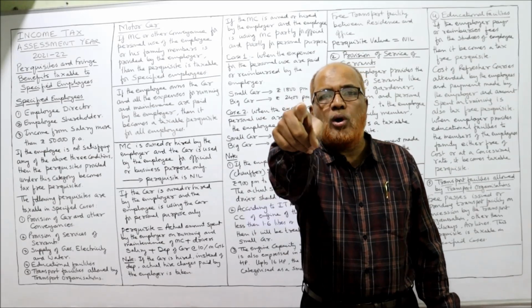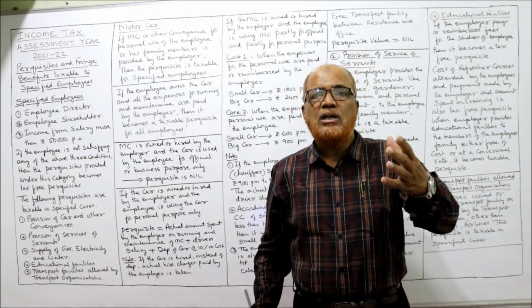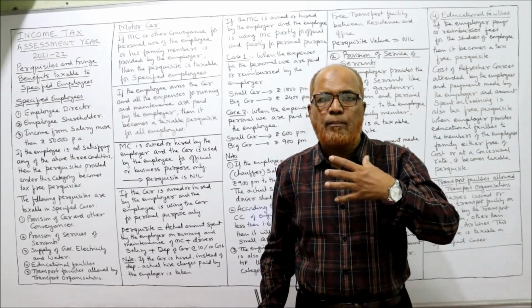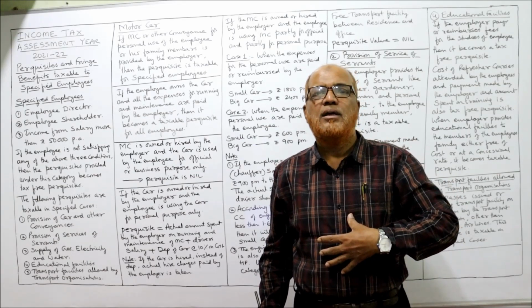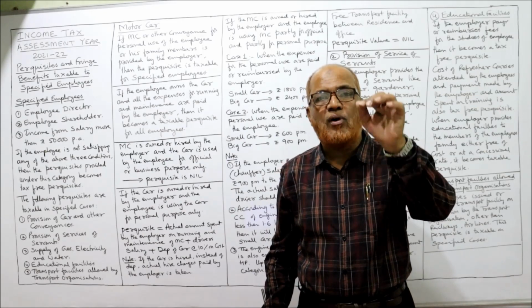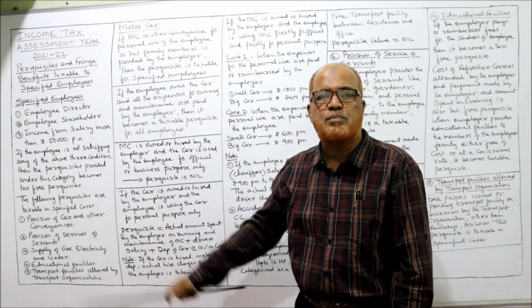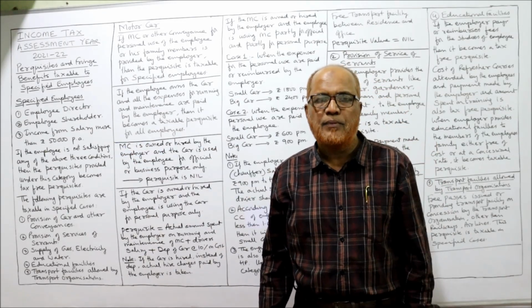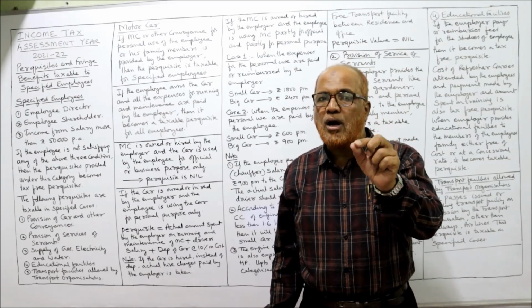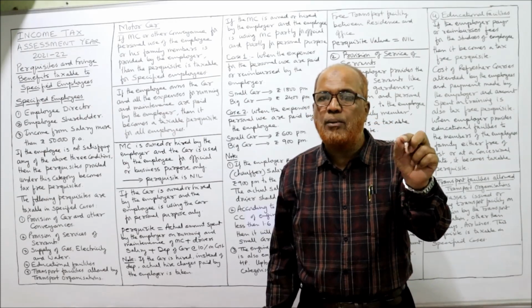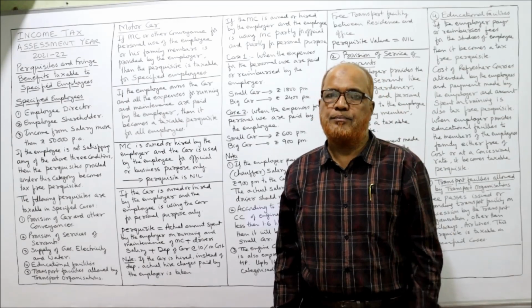But the motor car is owned by the employee. Then whatever expenditure incurred by the employer is a taxable perquisite for everybody, not only for specified employees, for every employee. The condition: motor car should be owned by the employee.